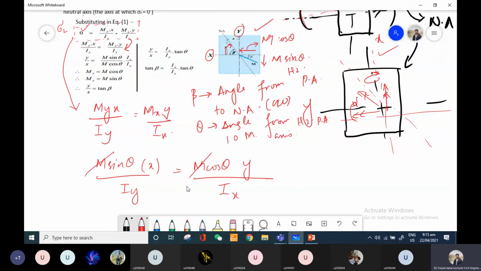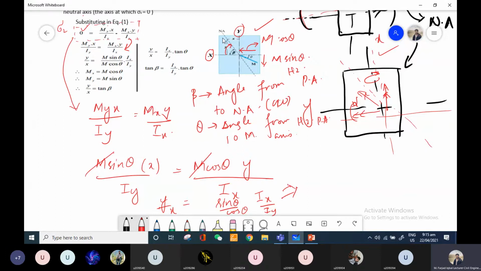This M will cancel out, and I will be left with y over x equals sine theta over cos theta into Ix over Iy.